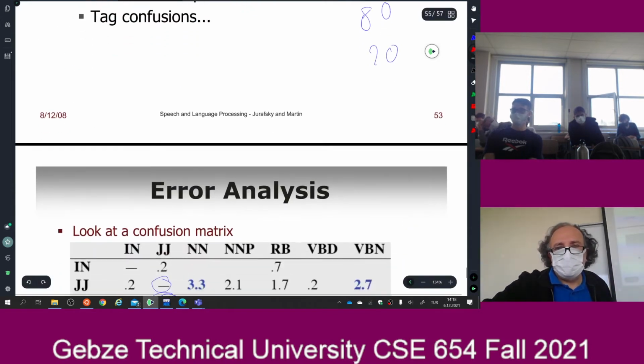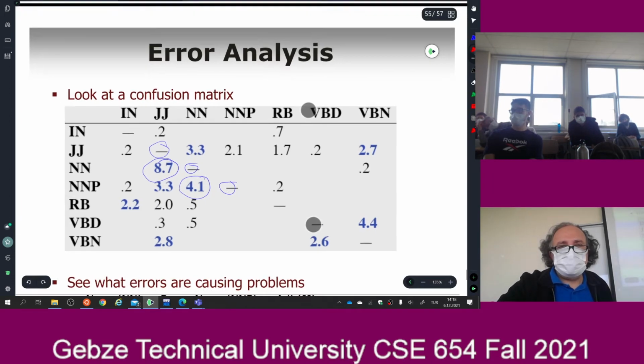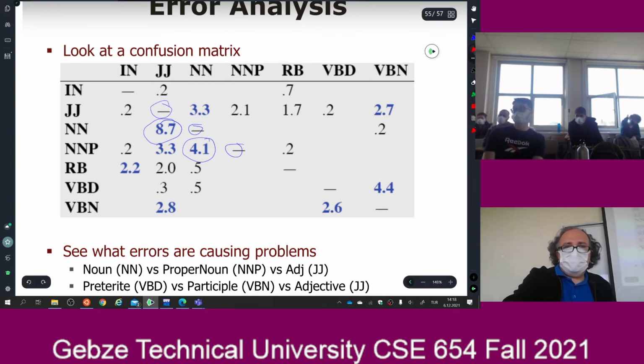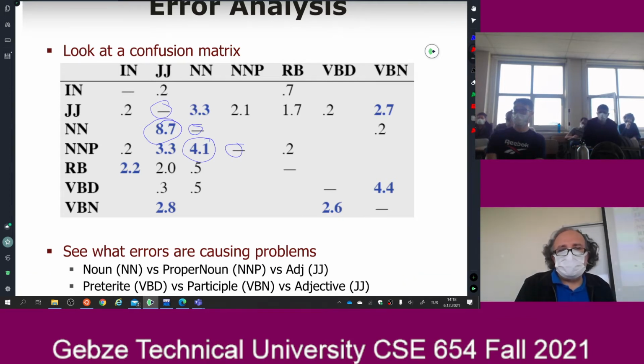That's one thing. And we would also look at this on a standard data set with a confusion matrix. What does the confusion matrix say? It says the result had to be N, but in 0.2% of the cases I assigned the adjective.